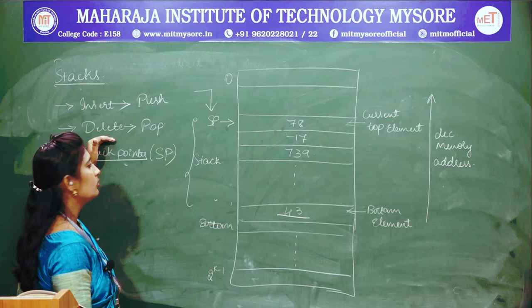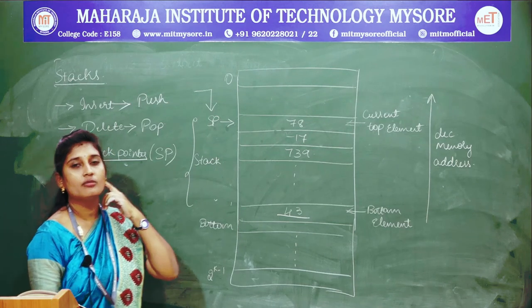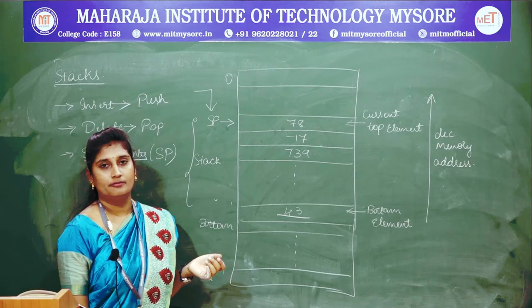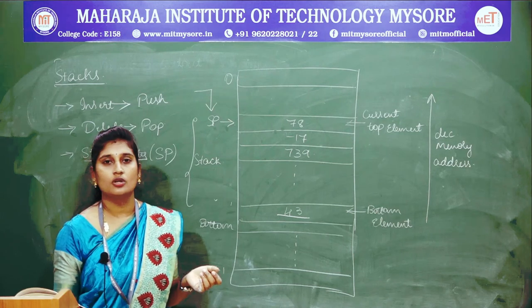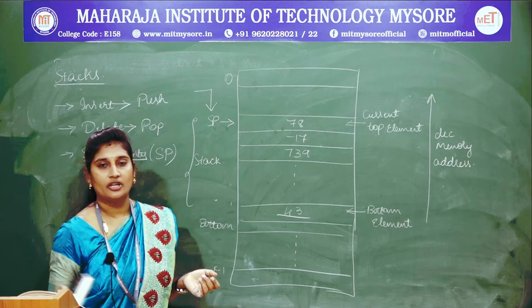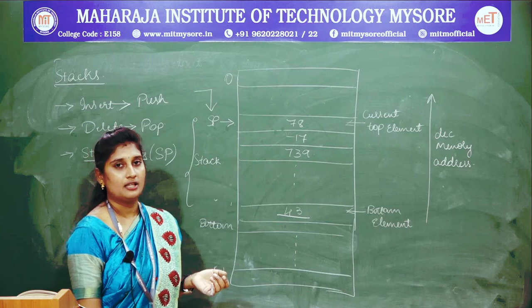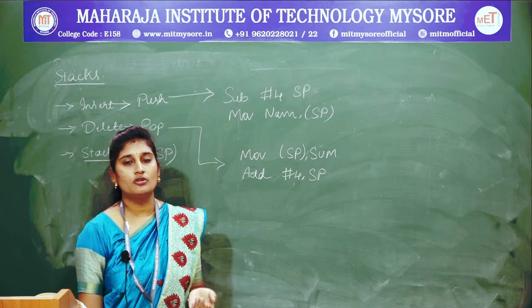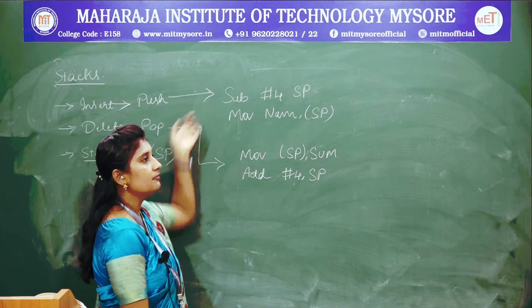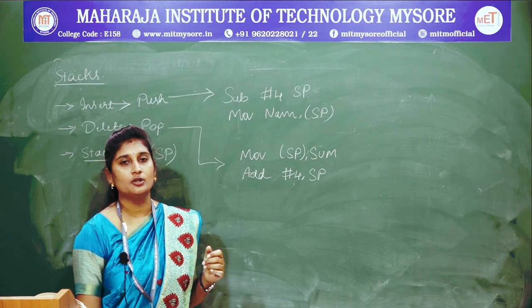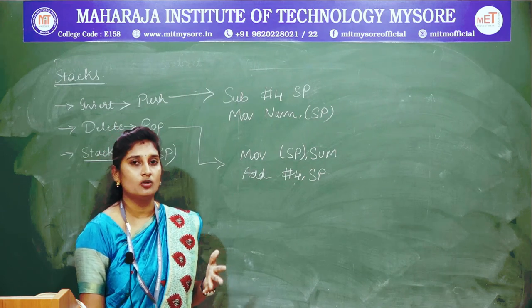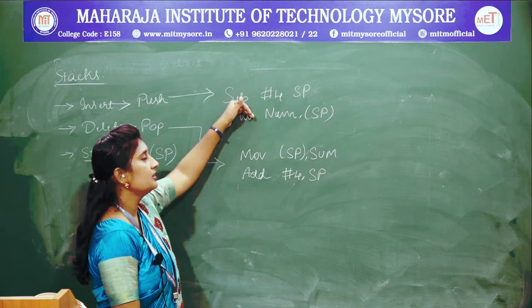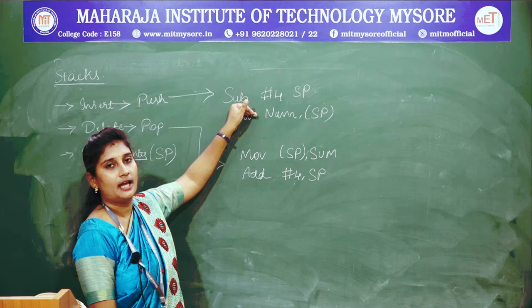Whereas to carry out the push operation, what might be the instruction you need to write? That is, to carry out the push operation, the instruction will be as follows. Instruction to carry out the push and pop operation is, the very first, if I need to insert an element into a stack, that is I need to carry out the push operation, it means first I need to decrement my stack pointer.